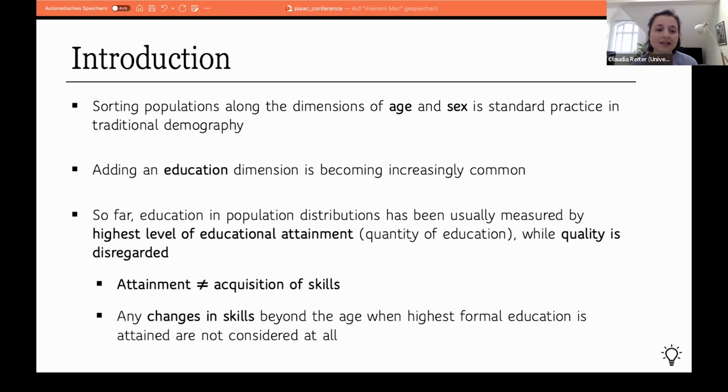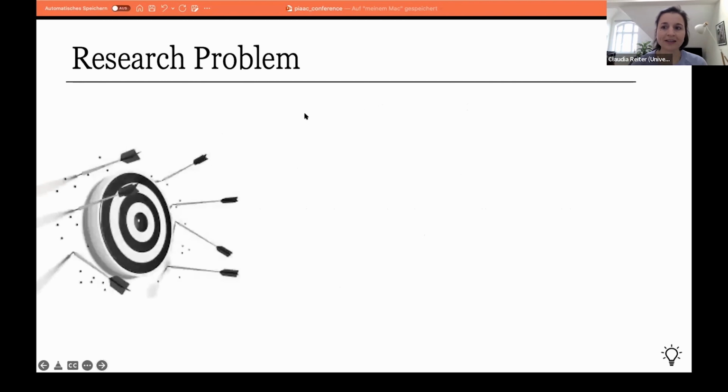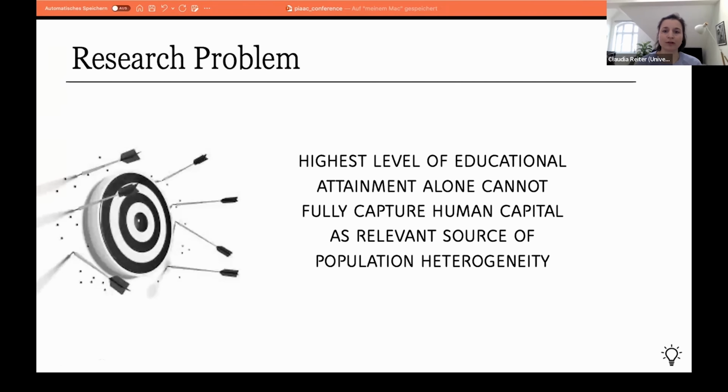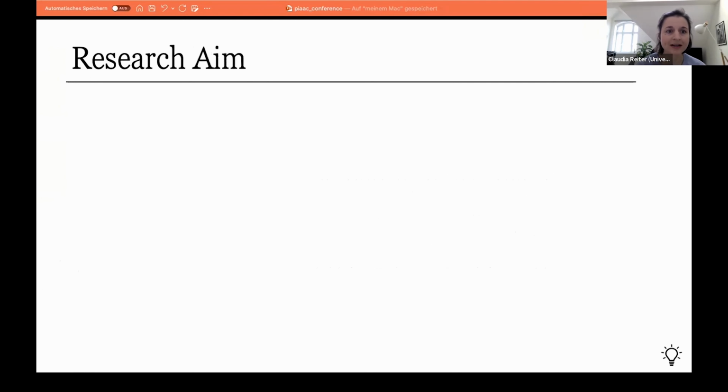You will learn more skills, or you might lose skills because you get older. This brings me directly to the research problem. I think that the highest level of educational attainment alone cannot fully capture human capital as a relevant source of population heterogeneity. So what is the relevant source of population heterogeneity?